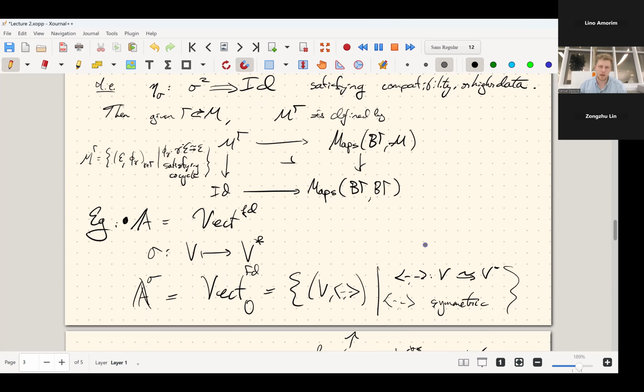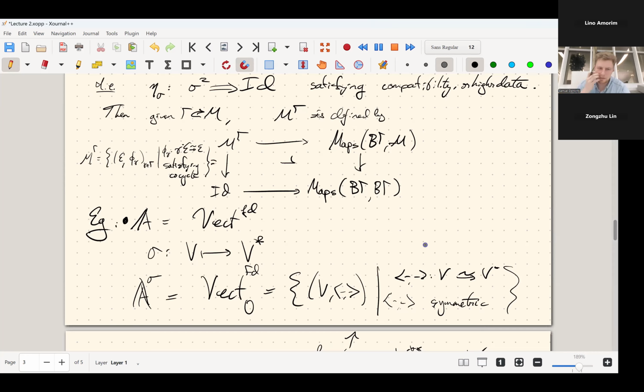So we have a natural map from M to BG, and the fixed point stack is defined as the pullback of the mapping stack from B gamma into M, with the identity map coming from the identity morphism from B gamma to itself.